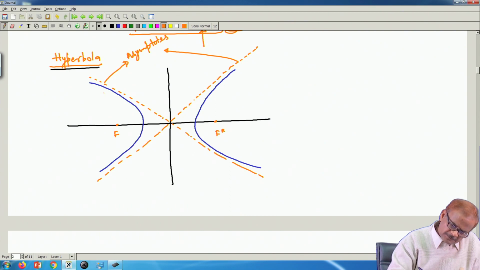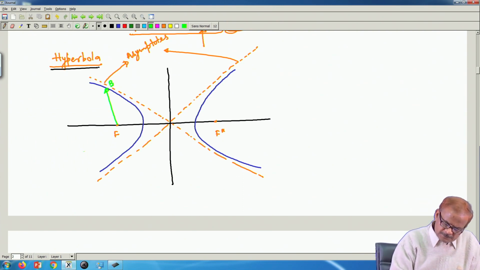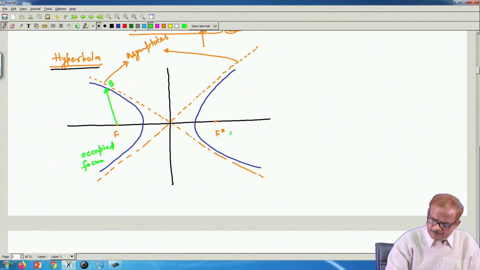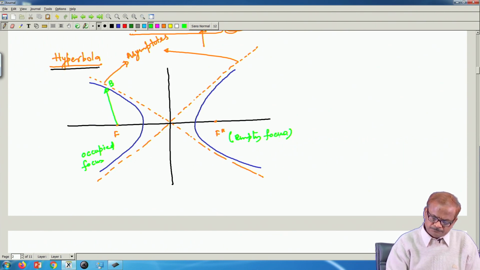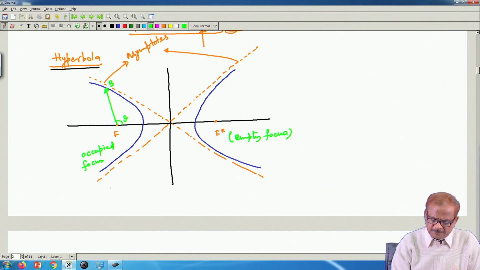So, any point on the hyperbola is shown in the same way. This is called the occupied focus, and this is called the vacant focus or empty focus. This angle we show as theta.